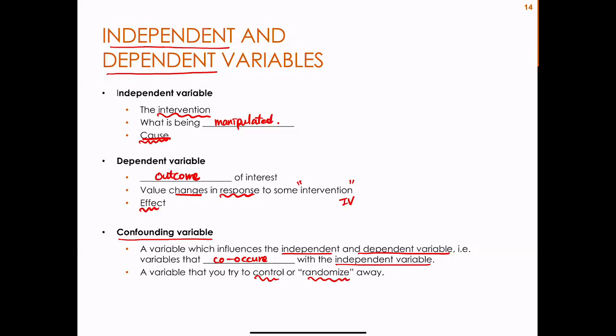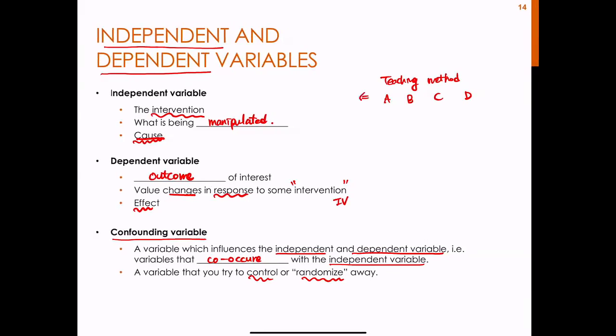So for example, we have 4 different kinds of teaching methods, A, B, C, and D. So this is our independent variable.